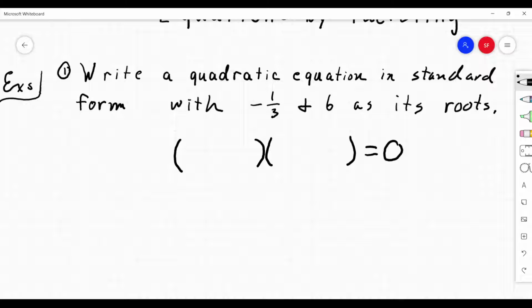Right? Then we're going to plug these in as bits. Now the one thing that's important is we have to switch the signs on these when we put them in parentheses. So it's got to be x plus 1/3 and x minus 6 equals 0.